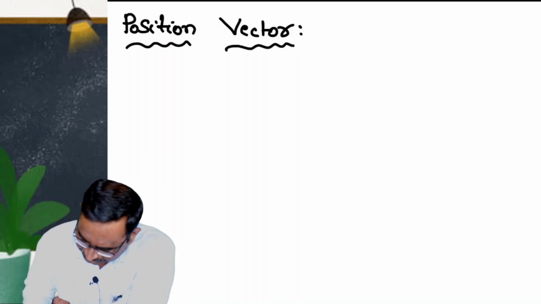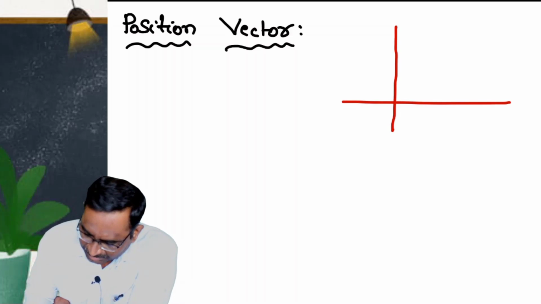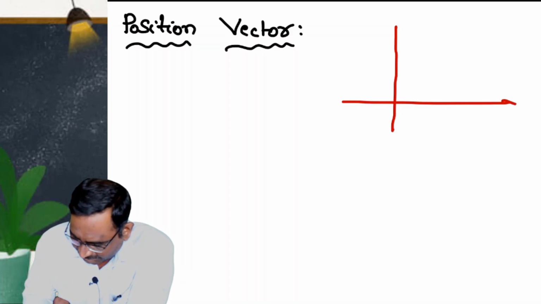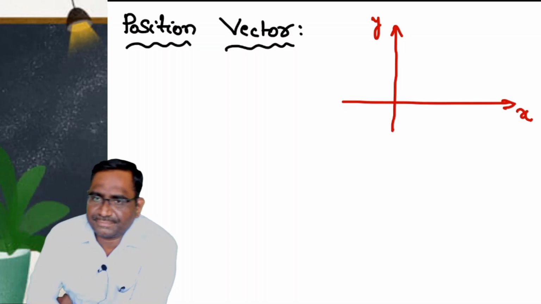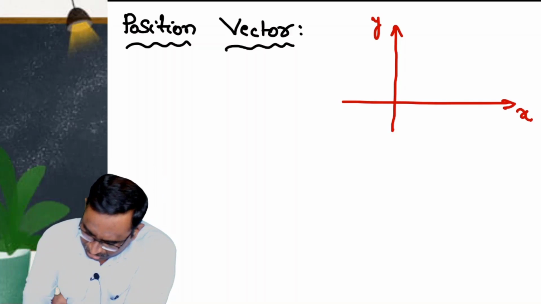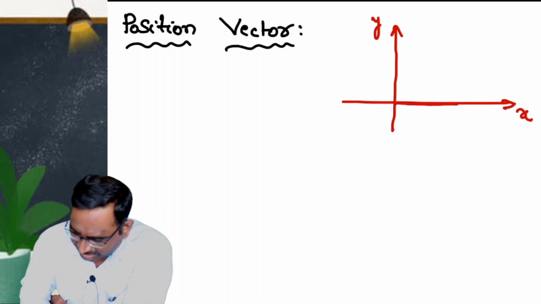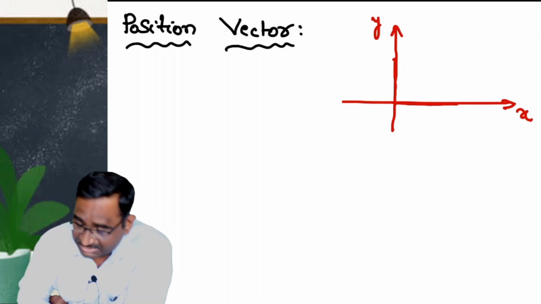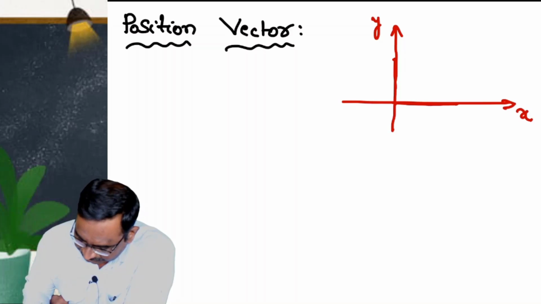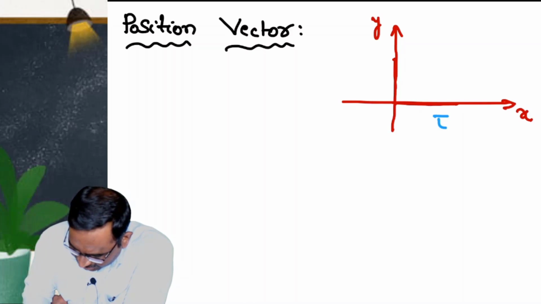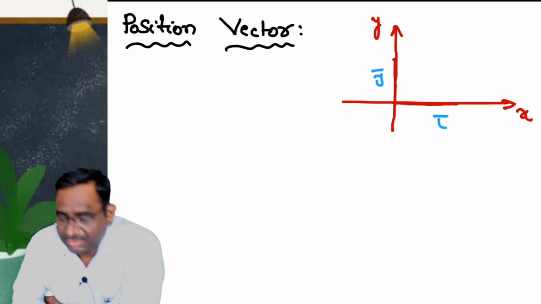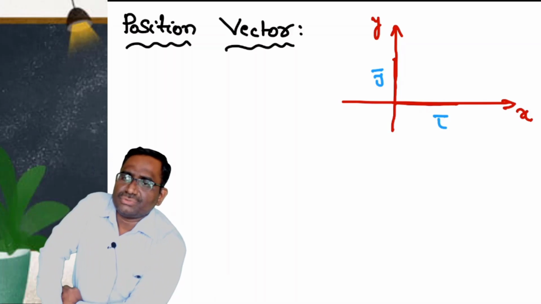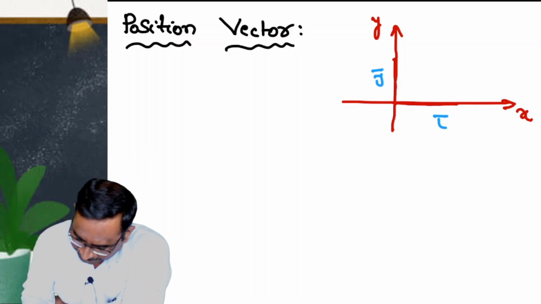Suppose this is a two-dimensional plane, let this be the x-axis, and this is the y-axis. Along the x-axis there is a unit vector i bar, and j bar is the unit vector corresponding to the y-axis.